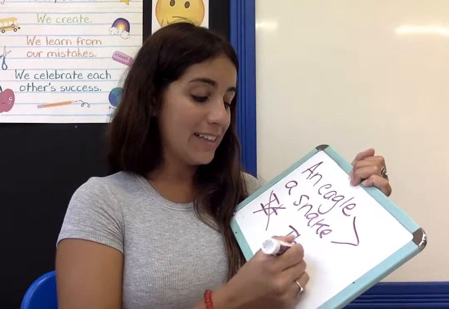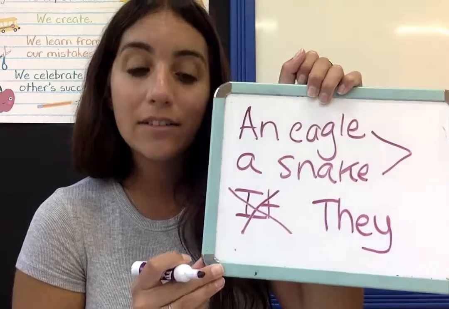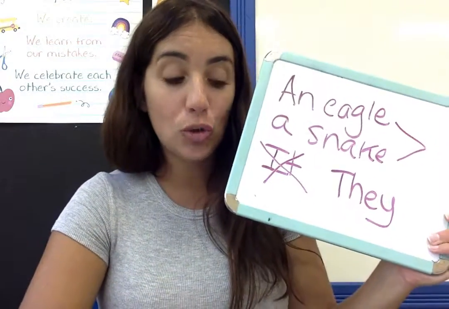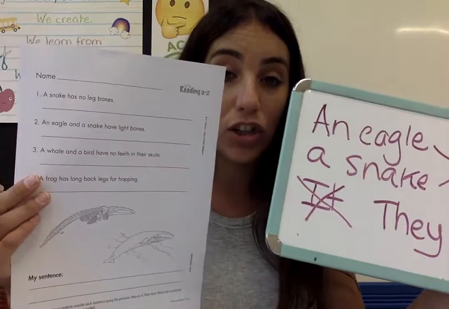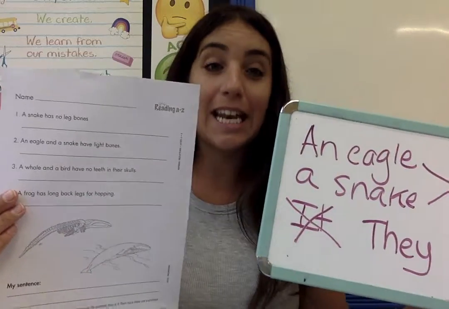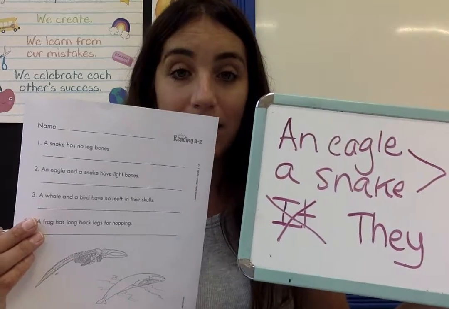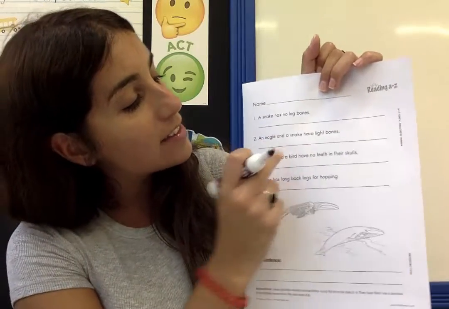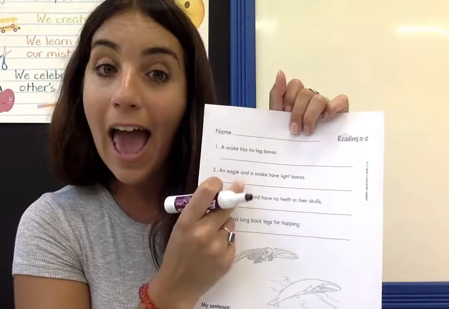We would write they. Okay, so we can substitute the subject of the sentence, an eagle and a snake, for they. So for example, an eagle and a snake have light bones. They have light bones. We just substituted the subject and the nouns in the sentence.